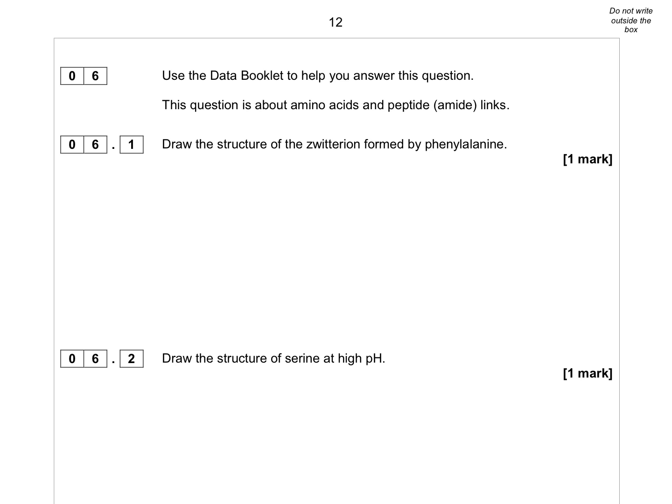Question 6 is about amino acids. Remember, the data booklet has the amino acids you would need. You're not expected to remember them. So just for reference, I've drawn phenylalanine from the data booklet first for you, just to remind you what happens when it forms as zwitterion. So phenylalanine looks like this.